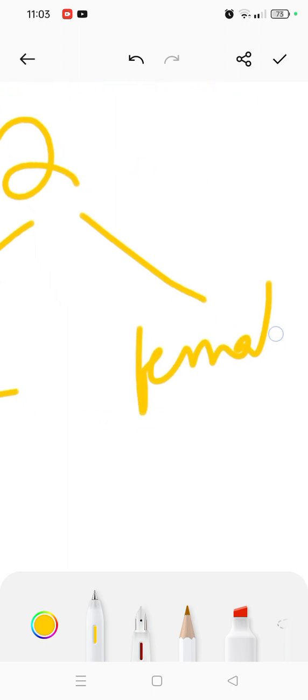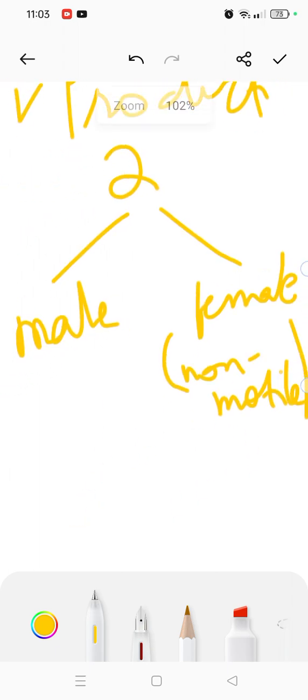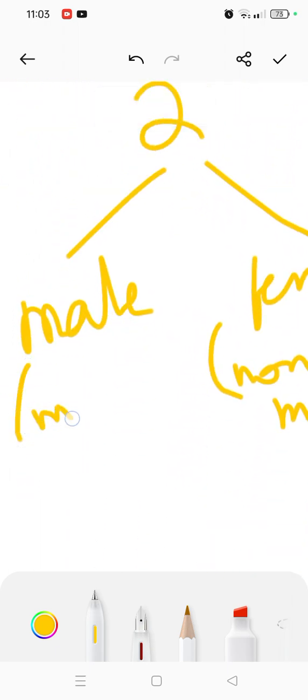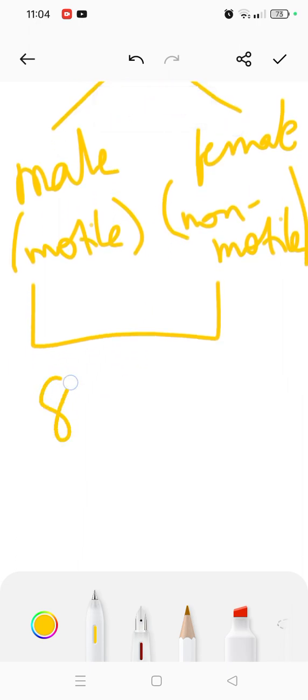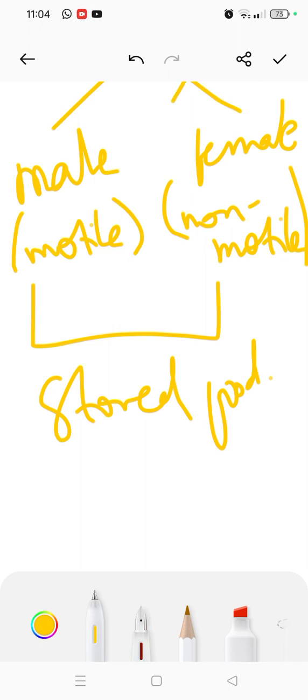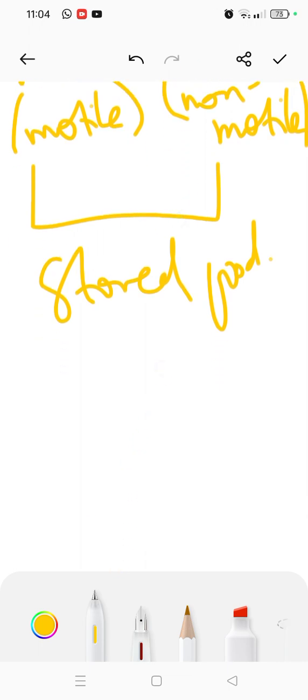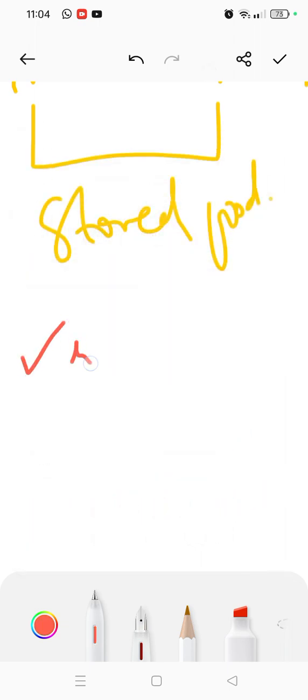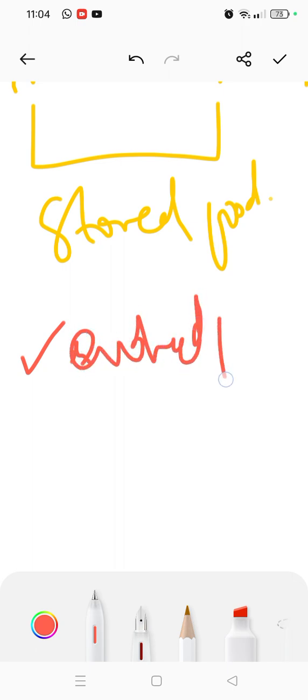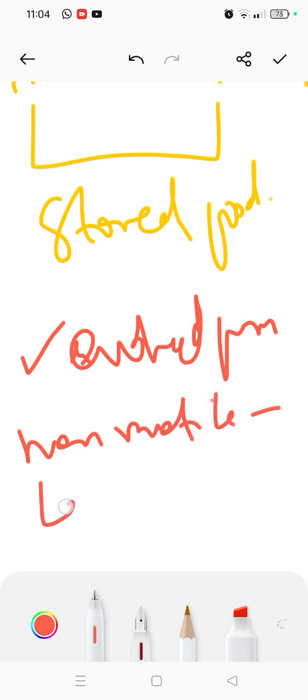The female gamete is non-motile and the male gamete is motile. The non-motile one helps in storing food. They evolved smaller motile sperms and a larger non-motile egg.